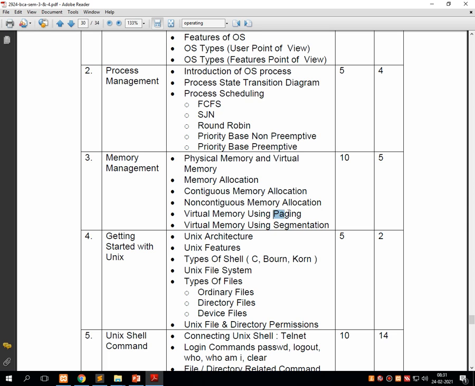So this pagination and segmentation are actually used to manage the virtual memory of the system. So all the topics as per the prescribed syllabus of Saurashtra University in this subject for unit number 3 are covered.